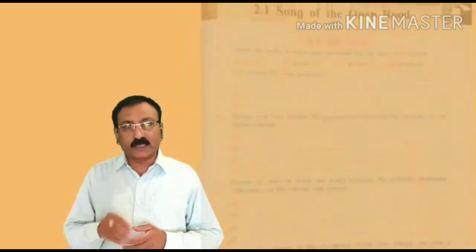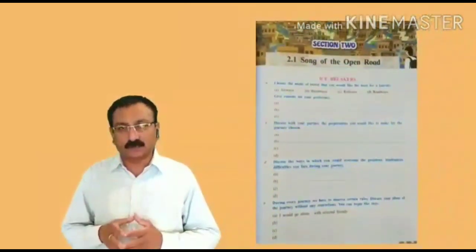But let it be a lesson or a poem, before we start the actual poem or lesson, it is very essential to discuss all the activities given in icebreakers. Before each lesson or each poem, the section entitled icebreaker is given.